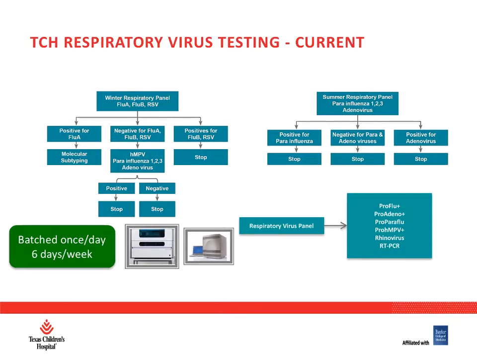If we combine them all, we get the flu A, B, RSV, adenovirus, parainfluenza virus, metapneumovirus, and rhinovirus. So we have kind of a piecemeal RVP that we call our RVP. But again, we're still batching all of these assays once a day, 6 days a week.